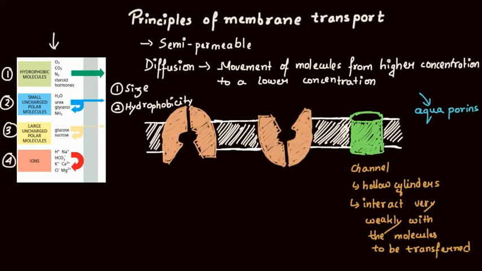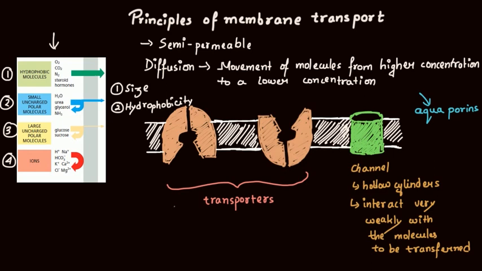And the second one is called carriers or transporters. Transporters actually work a little bit differently from channel proteins. Transporters bind to specific molecules and undergo a conformational change, which eventually delivers the molecule across the cell membrane.